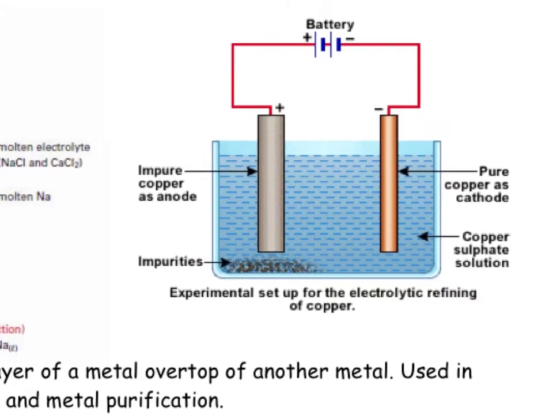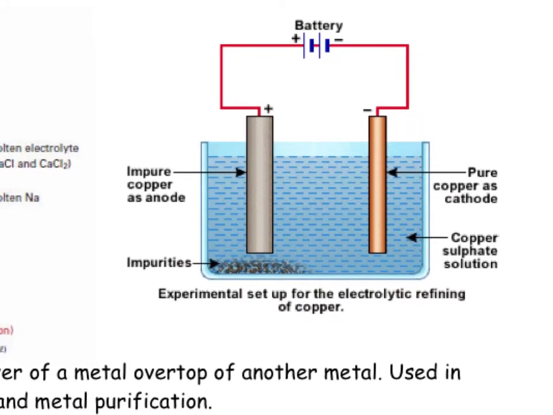Electroplating works also by running a redox reaction backwards. Here we have a diagram describing how copper can be refined into a pure sample using electricity. An impure copper sample that comes from a mine is placed in a copper sulfate solution.